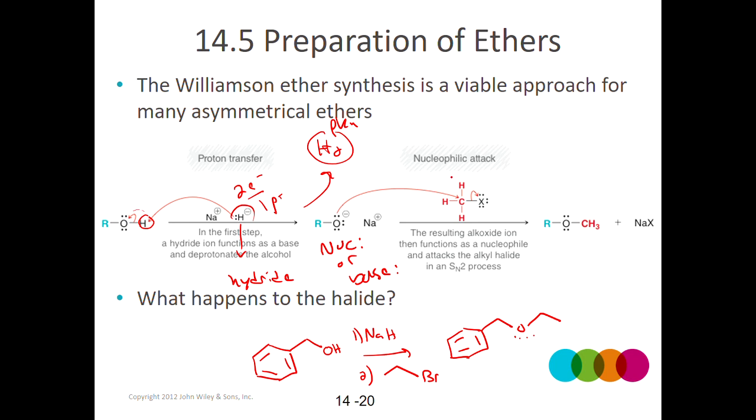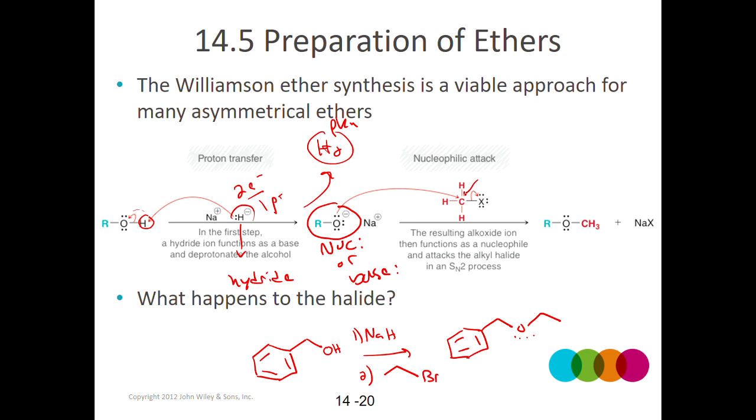There is a limitation though. Once you make your nucleophile, it won't be able to attack if it's too sterically hindered. So this worked well on a methyl group. It also would work on an ethyl group.